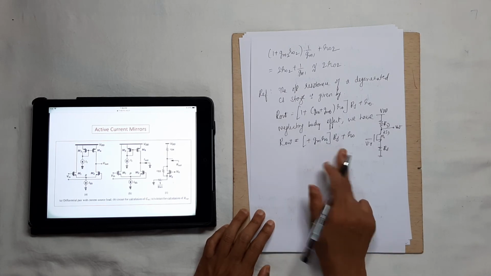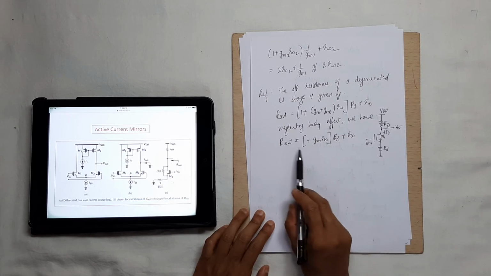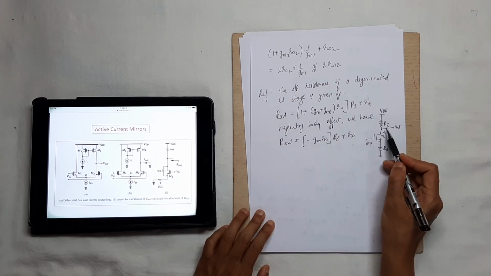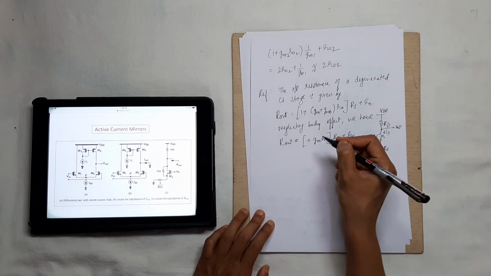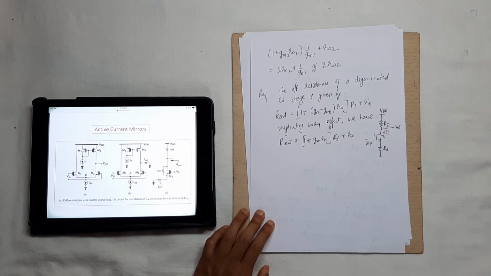Use this equation with respect to this particular circuit. Now you have to put all the parameters with respect to this circuit. This is 1 plus GM RO into RS plus RO.